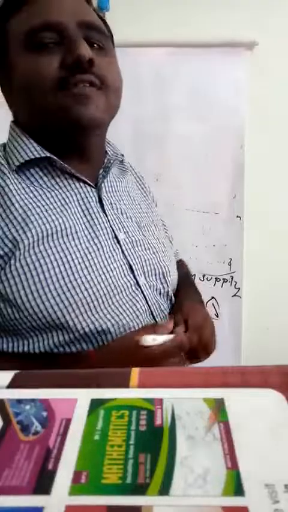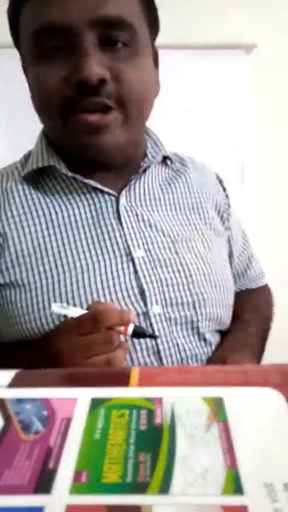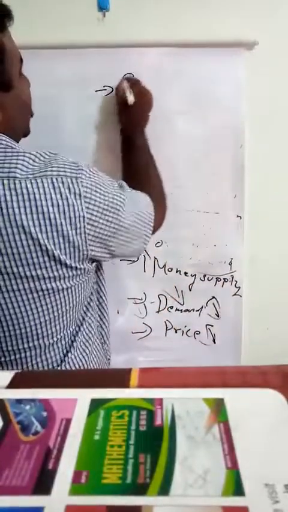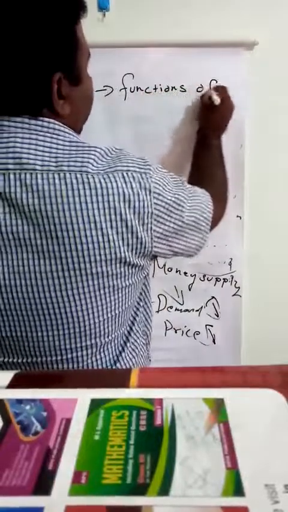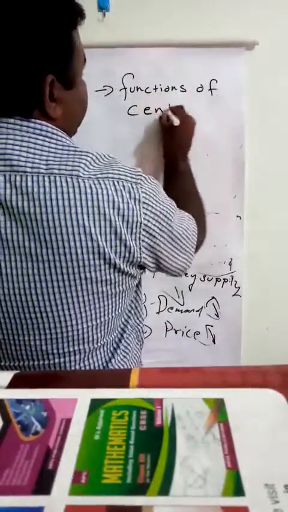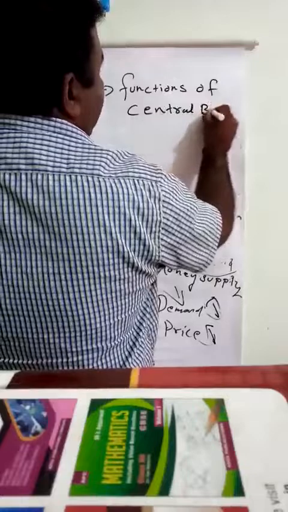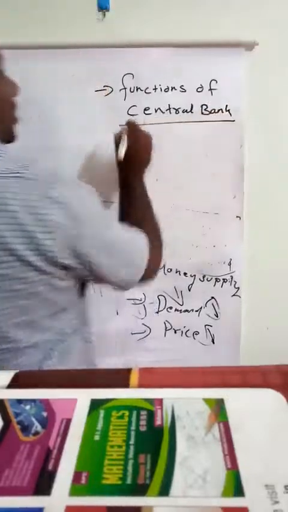So students, we have studied the functions of central bank, functions of commercial bank, and the methods to control credit. In the CBSE exam, these functions of central bank are very very important.